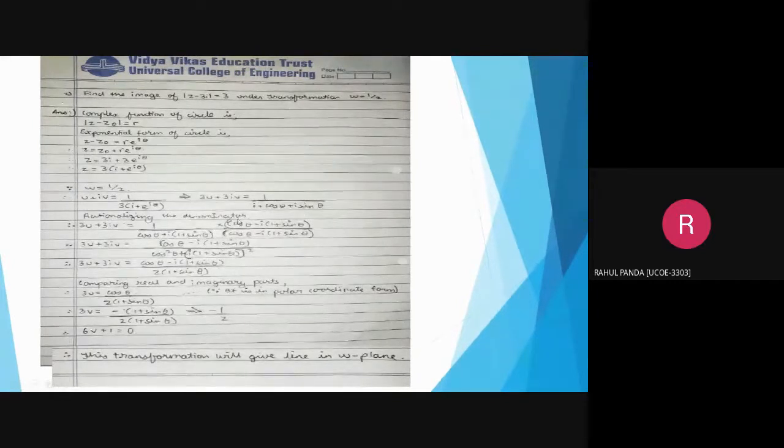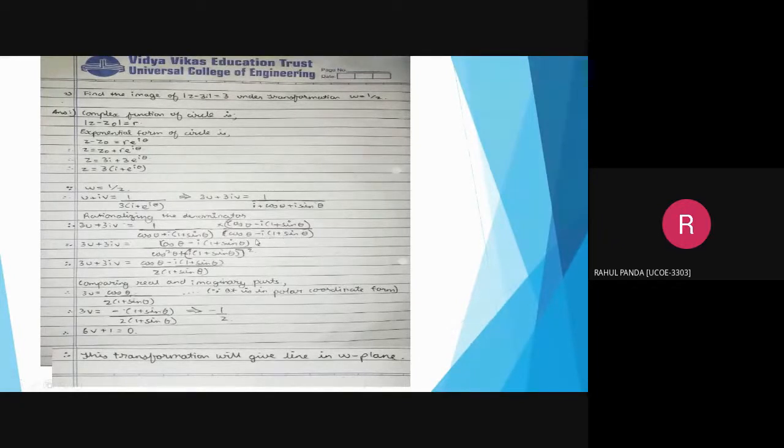So rationalizing the denominator, we get 3u plus 3iv is equal to 1 upon cos theta plus i bracket 1 plus sin theta, multiplied by its conjugate, that is cos theta minus i bracket 1 plus sin theta, and dividing by its conjugate, cos theta minus i bracket 1 plus sin theta.